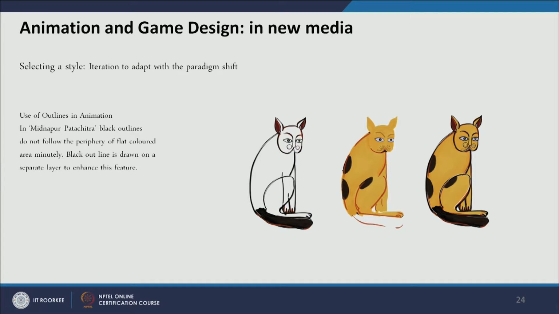They are painted in different layers, and in the final animation, which I will show you later, the layer with the outline and the layer with the flat color move differently, so as to depict the motion of the brush of the traditional artisan while painting the Bengal Pattachitra. That is depicted in the animation by moving two different layers, the color and the outline.